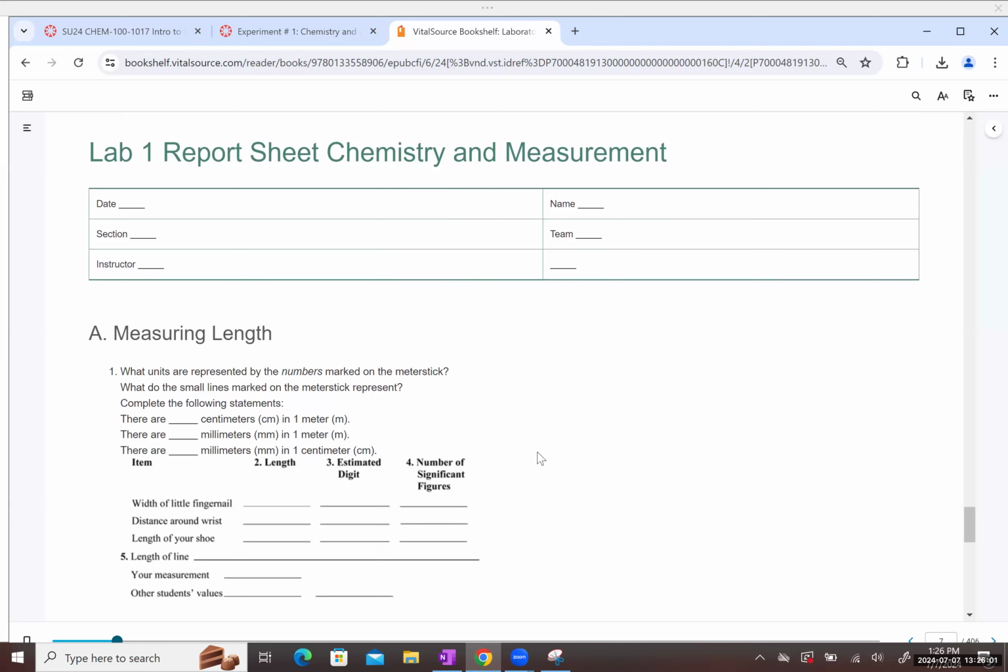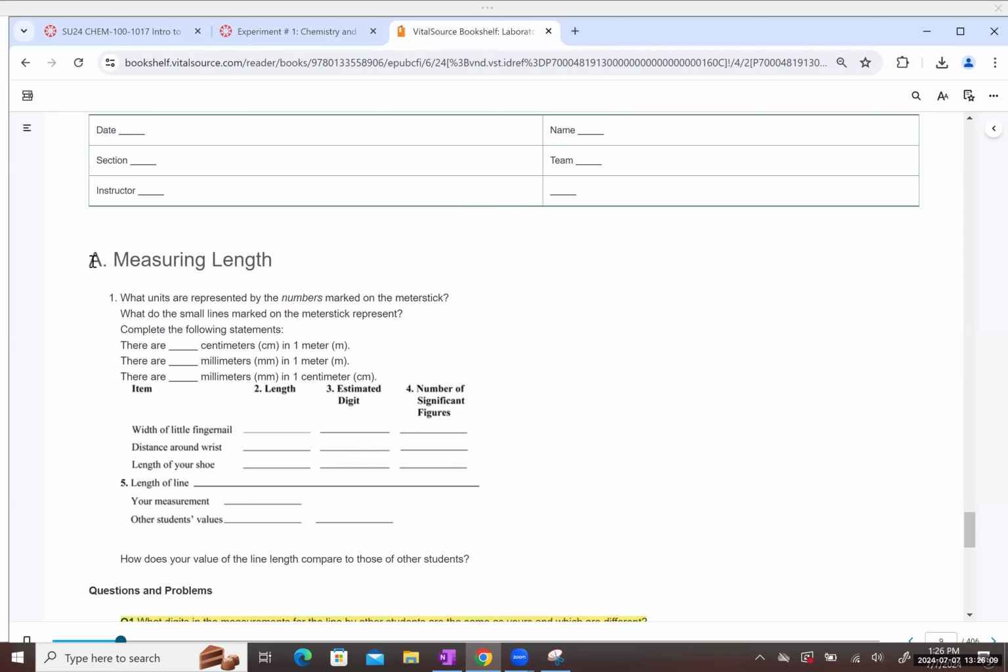And here is the important part. This is what you're going to be submitting for this lab experiment, the Lab 1 report sheet. So there are various parts, each with a given letter and number. And you're going to want to pay special attention to these letters and numbers as these reference the part of the experiment that we're going to be filling in as part of the report sheet.